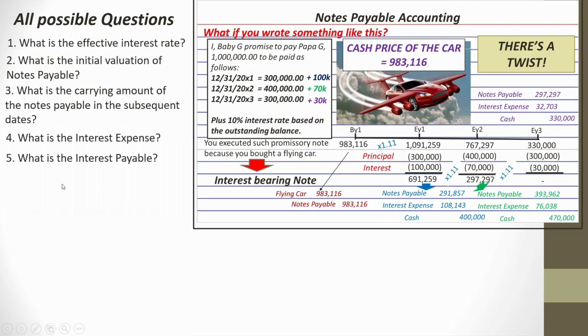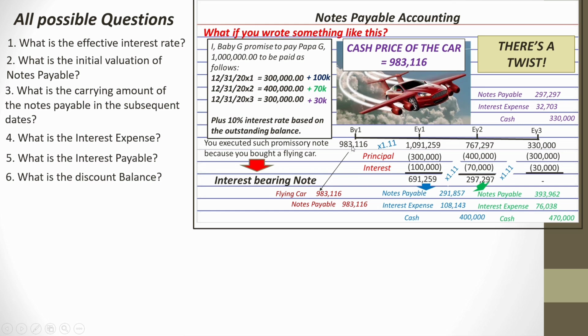Possible question number 6 is how much is the discount balance? Again, you can get that by comparing these carrying amounts here or the amortized cost versus the undiscounted principal balances. Like for example, at the beginning of year 1, the undiscounted principal debt is 1 million. So you need to compare that with this 983,116 and then you need to get the difference because the difference is already the discount balance.